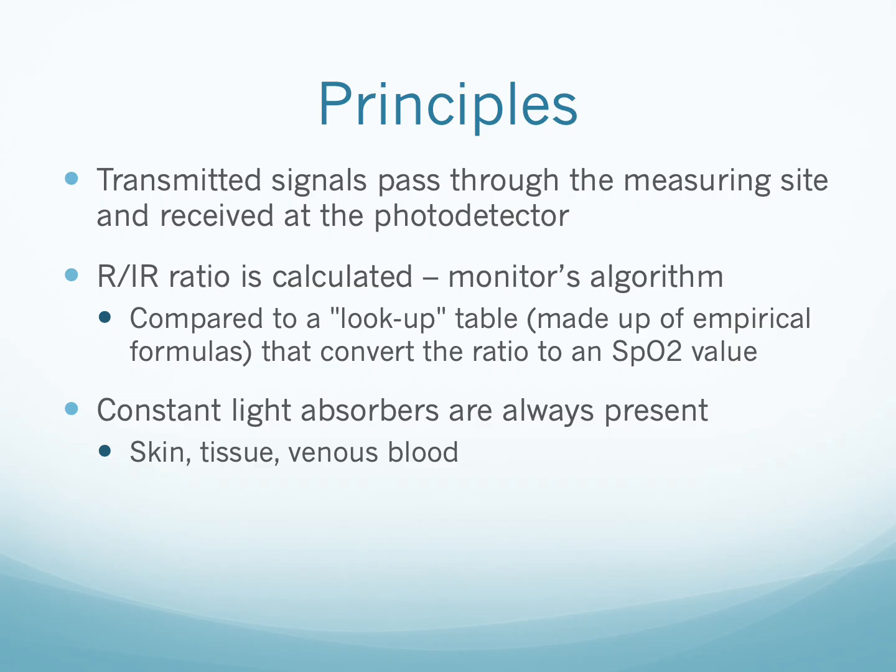The red to infrared ratio is then calculated, and that is proprietary to the monitor's algorithm and is based on sort of a lookup table, empirical formulas that convert that red to infrared ratio to an SpO2 value. There are constant light absorbers, so skin, tissue that is not arterial tissue, venous blood that serves as a background for our SpO2 monitor.